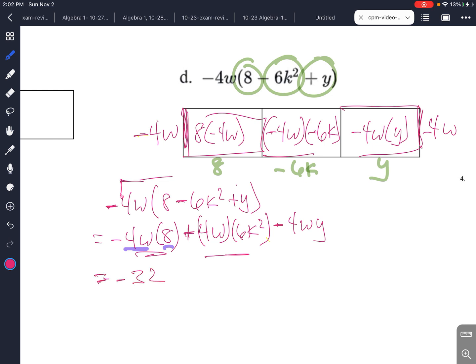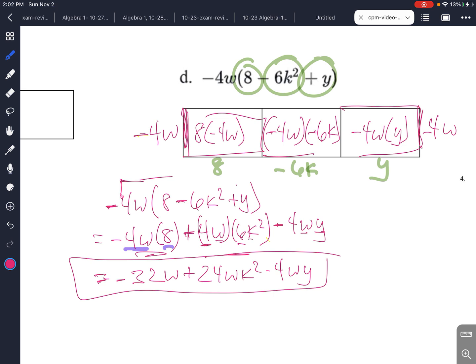There are no other w's. Here, I can multiply my 6 and my 4. I get 24. W and K are different bases, so I can't do anything with them. And here, I can't add the exponents of W and Y because they're not the same base, so I get negative 4WY.